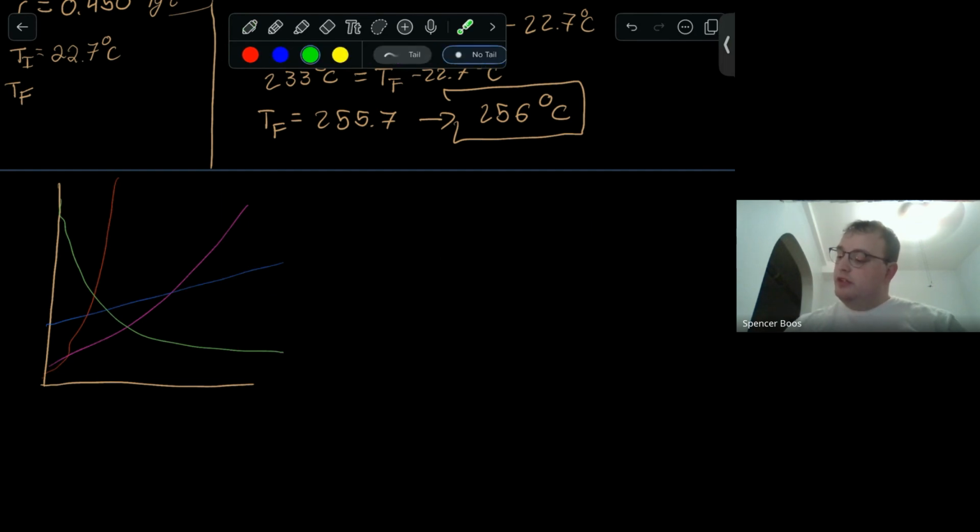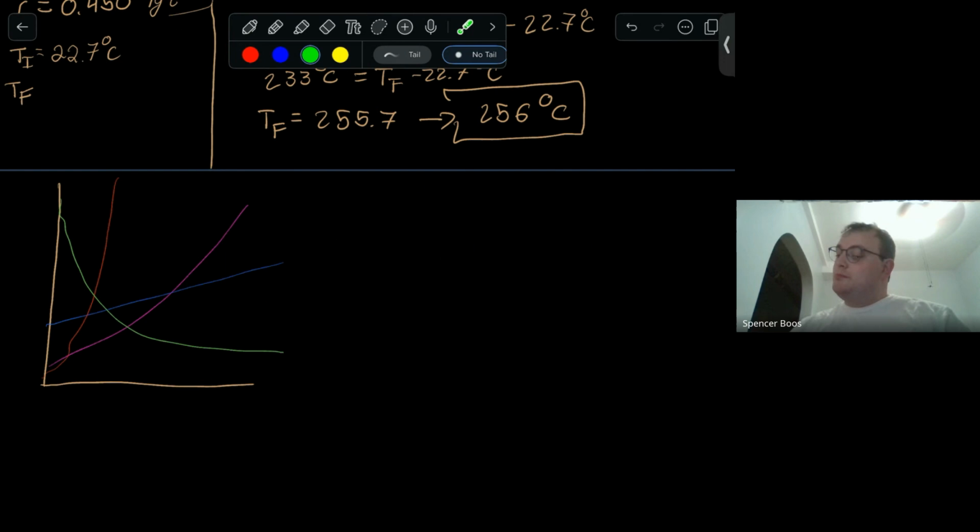If the point that you plot is below the line, let's say we're looking at this pretty pink line here, it is unsaturated. If it's on the line, it is saturated. And if it's above the line, it is supersaturated. That's really all it is.